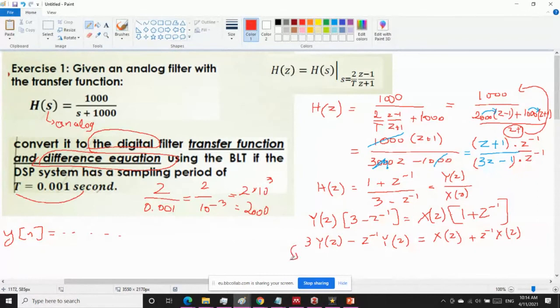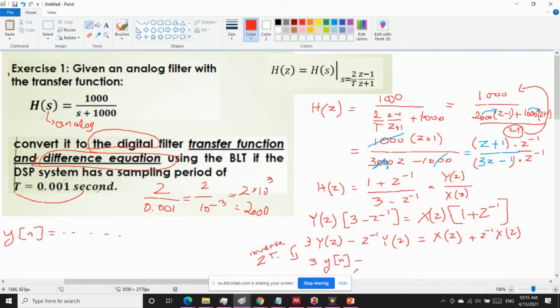Now we do the inverse Z transform. This becomes 3y[n] minus Z to the power of minus 1 Y(z). We can apply the shift theorem because of the negative power.